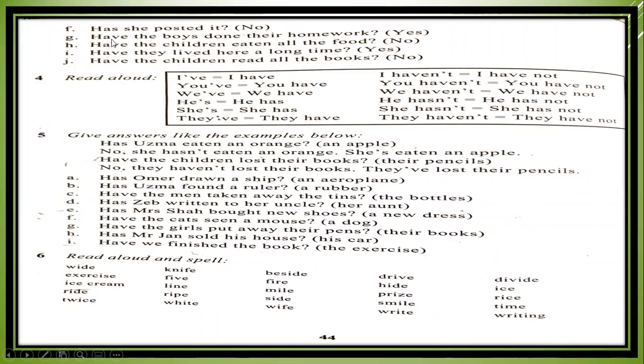Have they lived here a long time? Yes, they have. Have the children read all the books? Look, here is the word children, and we use have here. Boys have. If there is a single boy, without S, then has the boy.